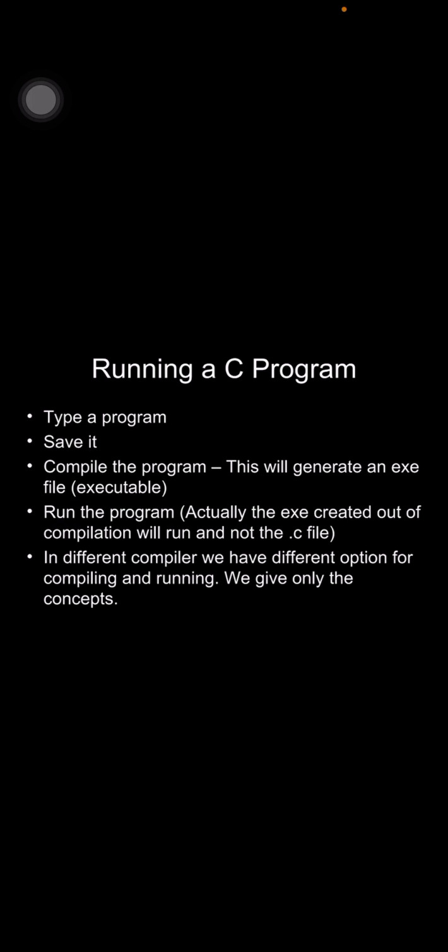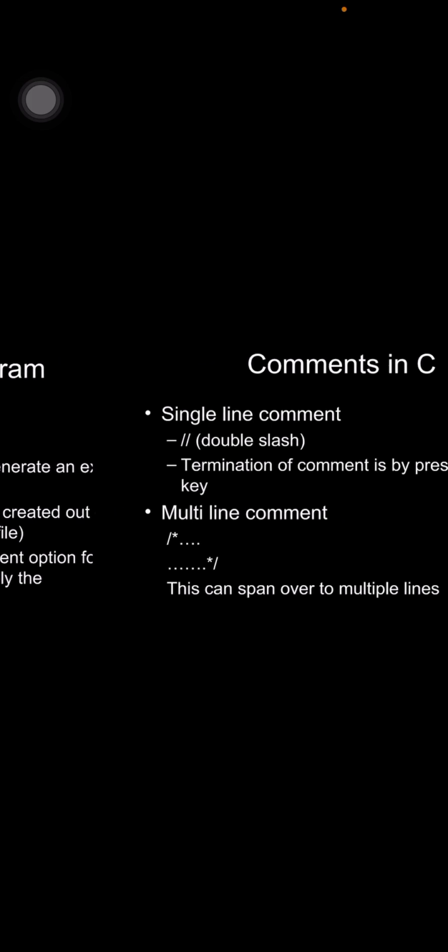So high level language programs need translation into machine language using the compiler. So .obj file is generated after compilation, and when we execute the program, .exe file is generated. In different compilers we have different options for compiling and running, and I have just given you example of Turbo C and the steps that we follow in that.